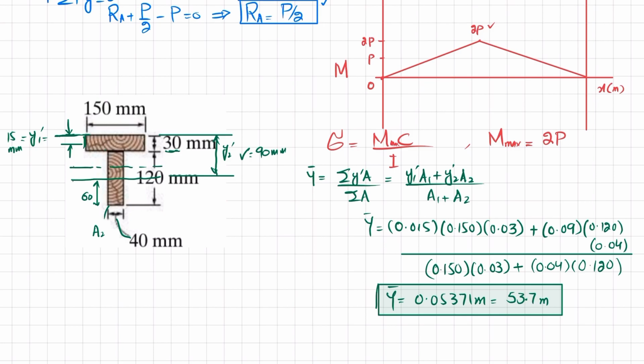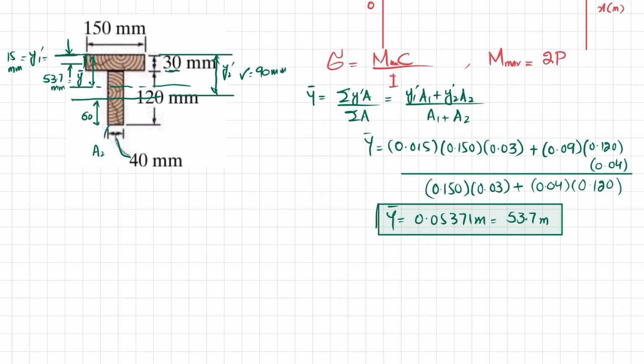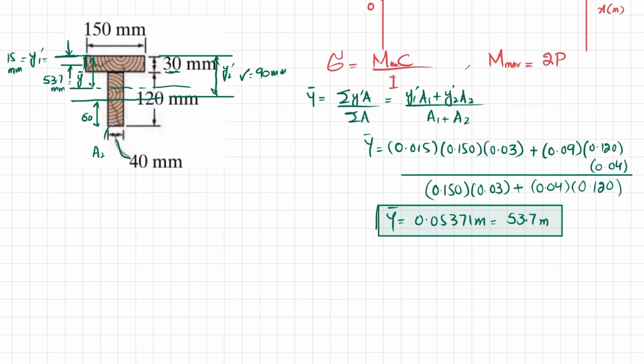This is your neutral axis, and this will be your y bar, and it is equal to 53.7 millimeter. Okay. So now we have this neutral axis. I will show it by using red color. This is our neutral axis.